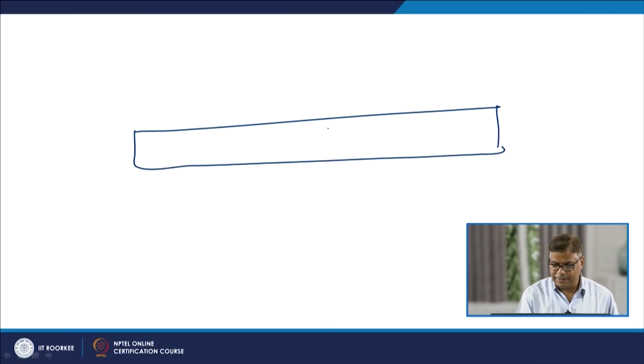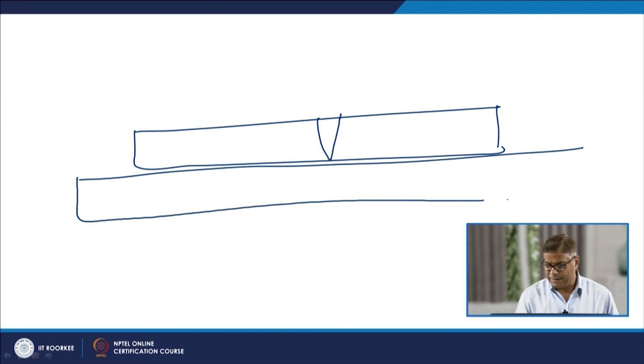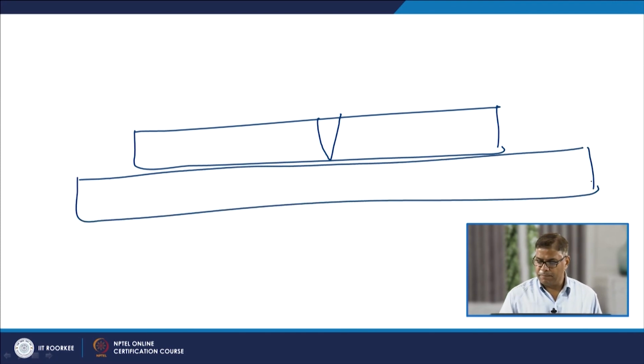Now, we will see what happens when the plates are welded like this, with the groove made and proper backing given. There are various ways to provide the backing plate during the welding of heat treatable low alloy steels.